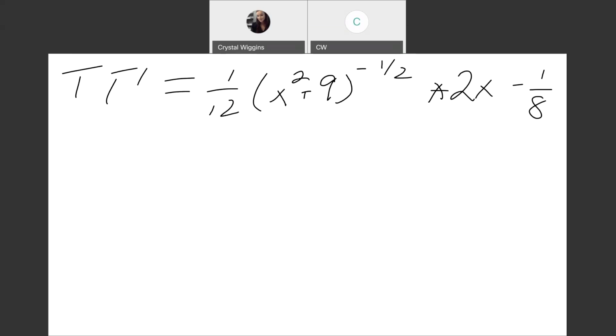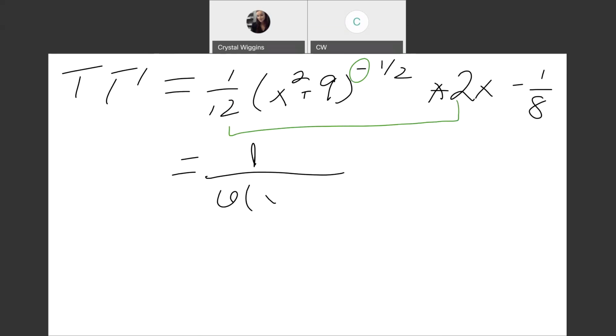If we simplify a little bit, 2 times 1/12 gives us 1/6. And we take this negative exponent and make it positive by bringing it down. We have 1 over 6 times the square root of x squared plus 9, and there's an x here.